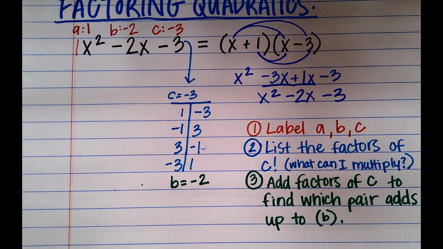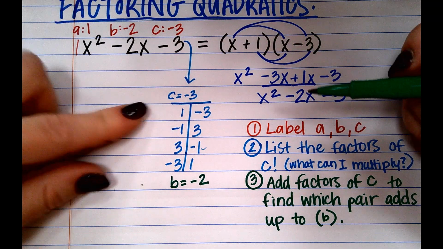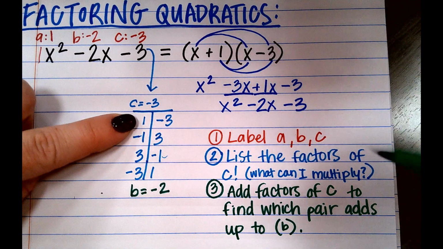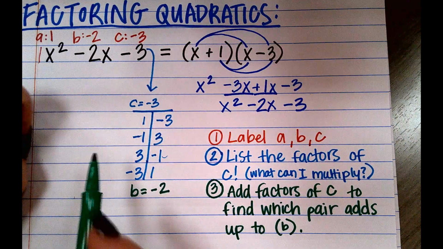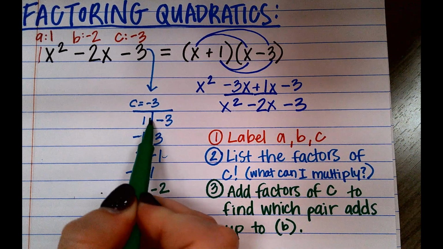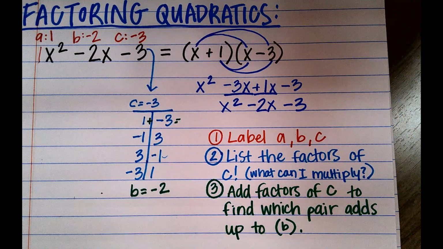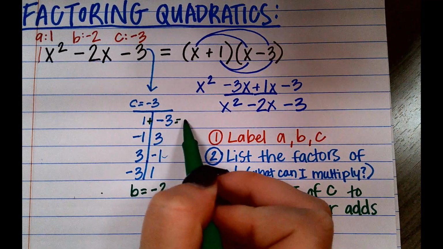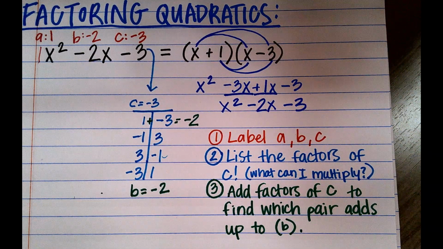So I'm going to go through each pair. What is 1 plus negative 3? Negative 2. Oh my gosh. So we got it on the first try, didn't we?